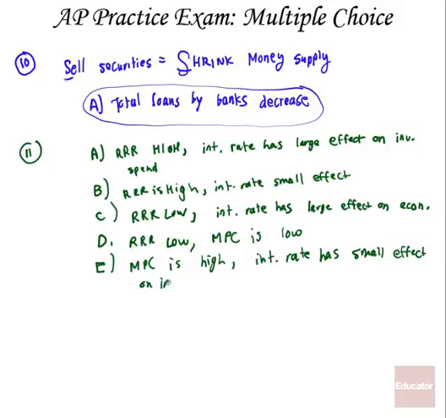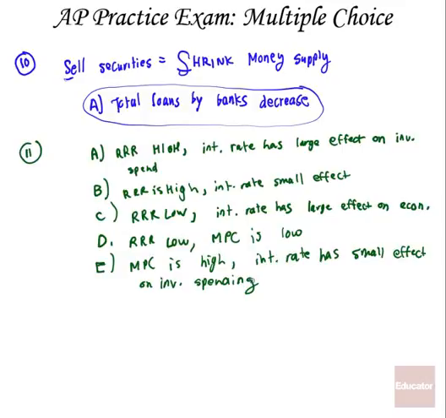So basically, this is just an understanding of the Federal Reserve and the role that money plays in stimulating the economy here. So if the reserve ratio is lower, it's going to have a greater impact on the economy. And why is that the case? Well, if the reserve ratio is lower, then more money is going to be able to be spent out, and the multiplier effect is going to be greater.